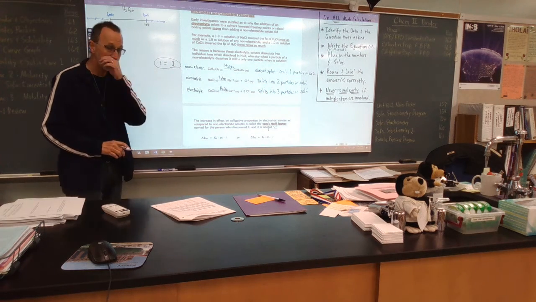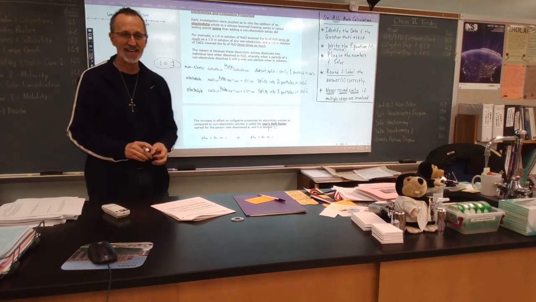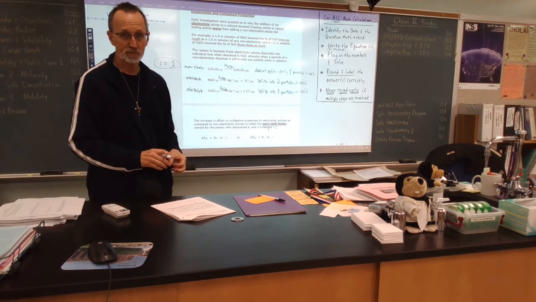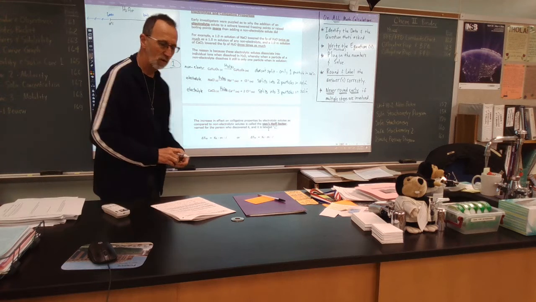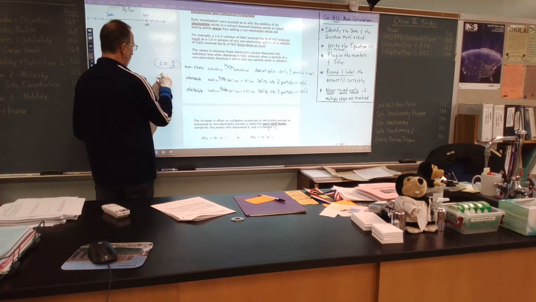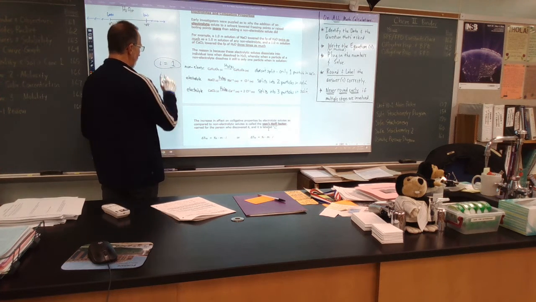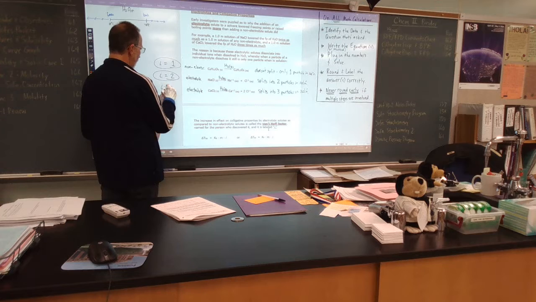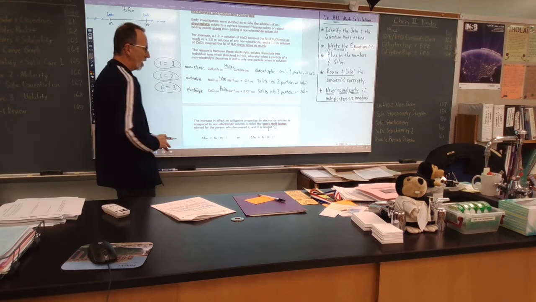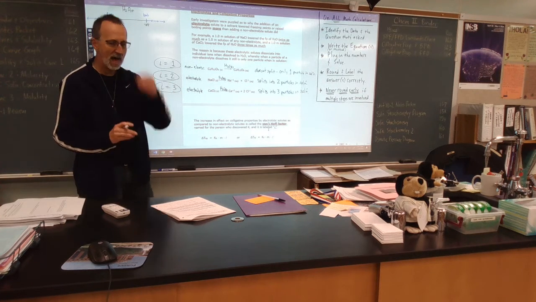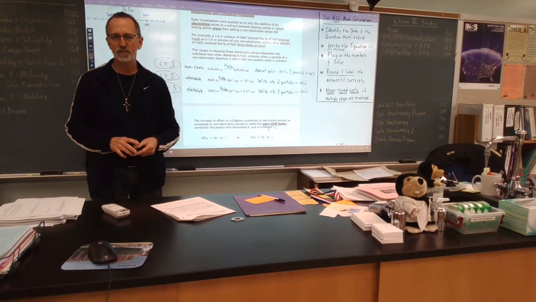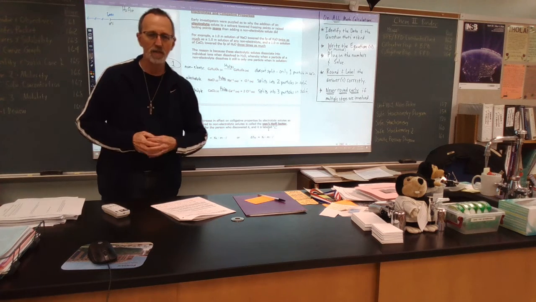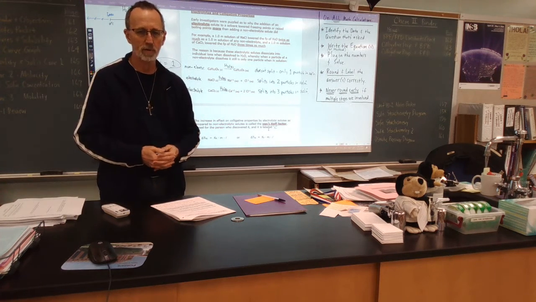But once you have an electrolyte, it's going to depend on how many ions the electrolyte is split into when it's dissolved in water. For sodium chloride, since it splits into two ions, the Van Hoff factor is equal to 2. For calcium chloride, i equals 3. The larger the value of i, the bigger the effect it's going to have on the freezing or boiling point of the solution.